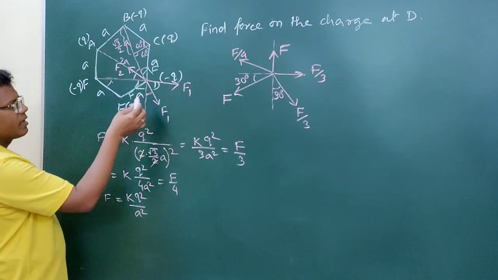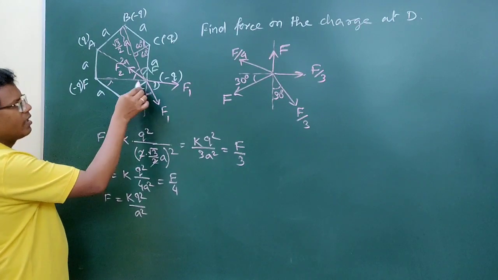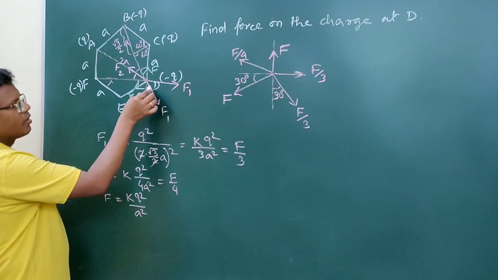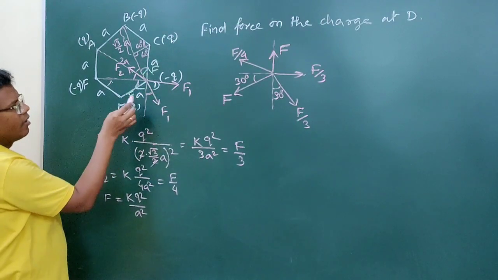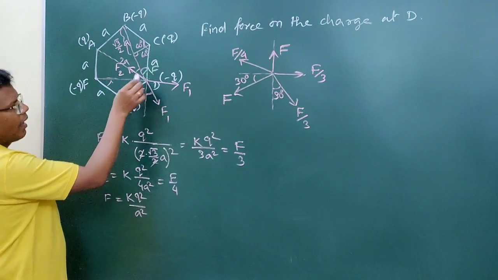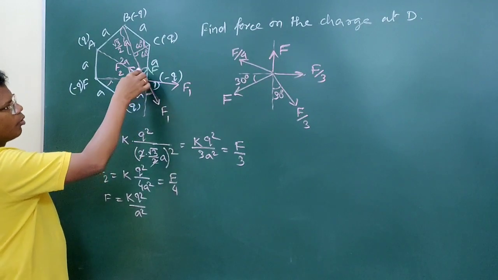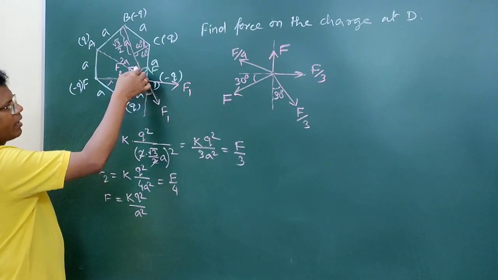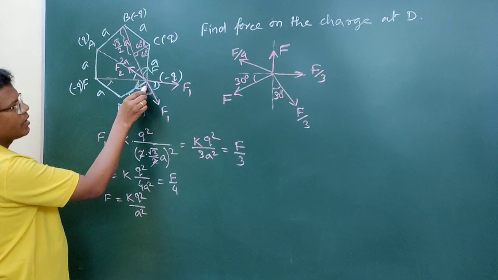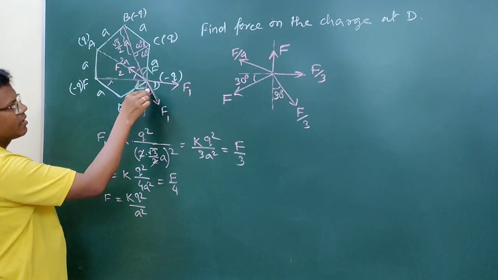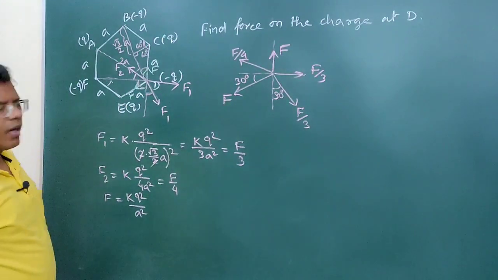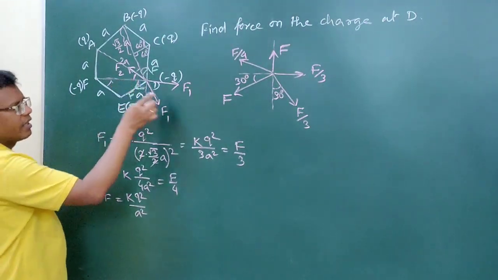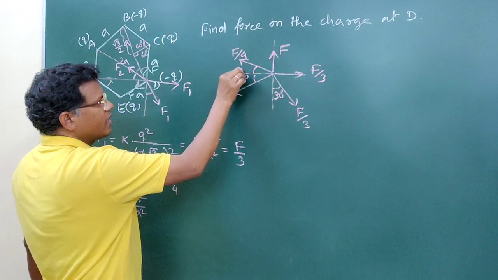Once again, this was 30, and these two lines are opposite, so overall this angle should be 180. Out of which this much is 90, this is 30, this is 30. So 90 plus 60 is 150, so this remains 30. That's why I said this is 30.